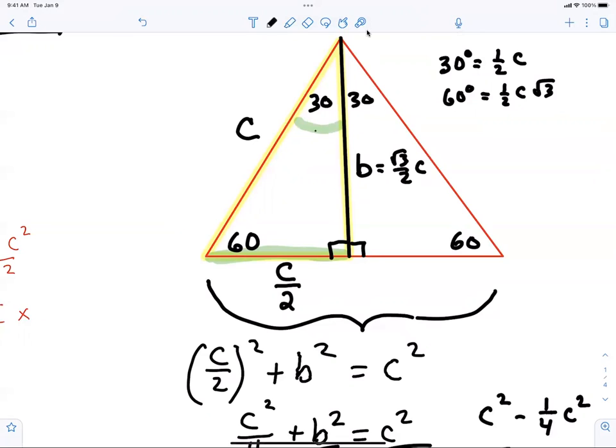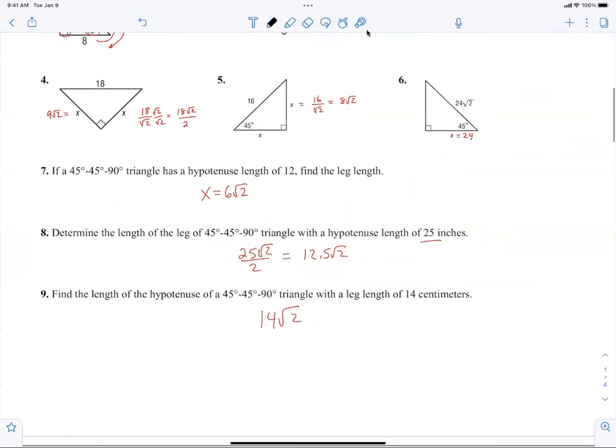Directly opposite the 30, what's the side length? Yes, it's half. That's how I knew that. Opposite 30 is half the hypotenuse. And if you want, you can write that down over and over. Opposite 30 is half the hypotenuse.